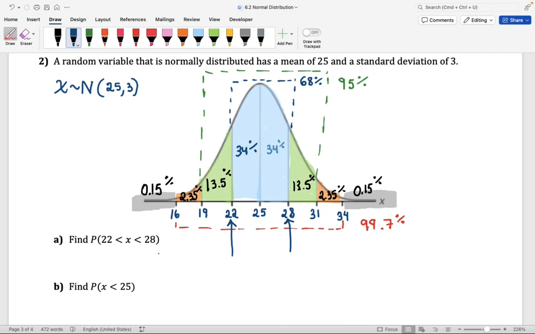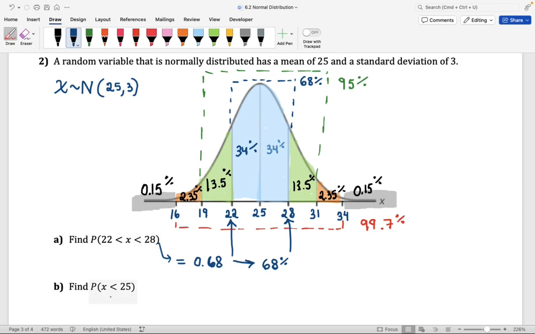So here, you can think of this probability as being equal to 0.68. That is the area between 22 and 28. But remember, probabilities can also be expressed as percentages. So here we could just say this probability is 68%, right? If we have 68% of all data values between 22 and 28, then the probability of a data value being between 22 and 28 is just that 68%.